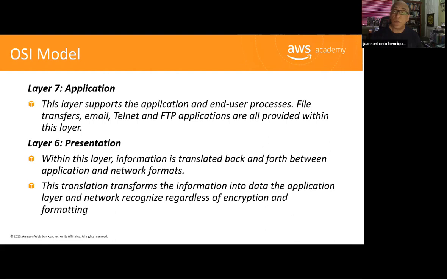This translation transforms the information into data the application layer and network recognize, regardless of encryption or formatting. Again, remember, the first 3 layers are what are called the software layers, and then the other 4 are called the network layers. It's just a way of those layers understanding what the other ones do in order to communicate. That's what is happening.